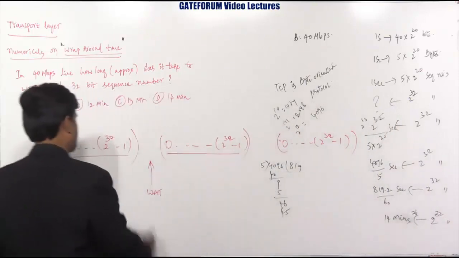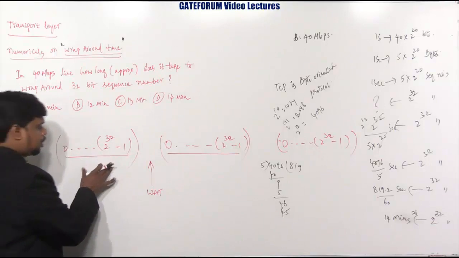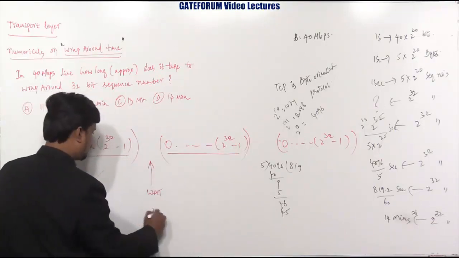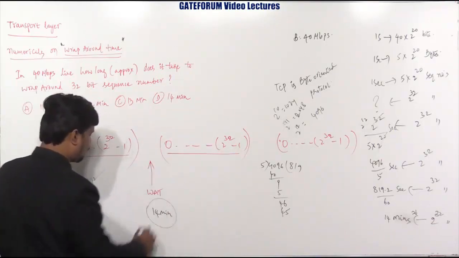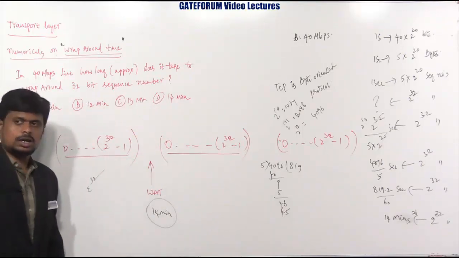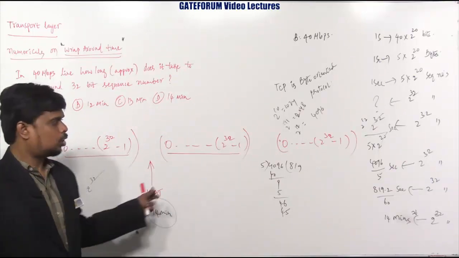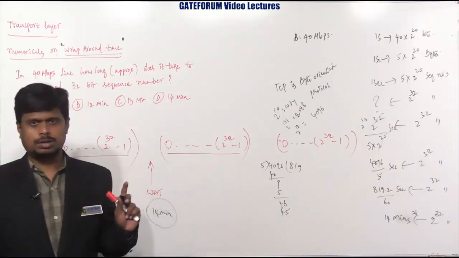So after generation of these sequence numbers, to generate the same set of sequence numbers, it takes approximately 14 minutes for this scenario. This is the way we can calculate wraparound time in the case of TCP. I hope you are clear with this explanation. Thank you.